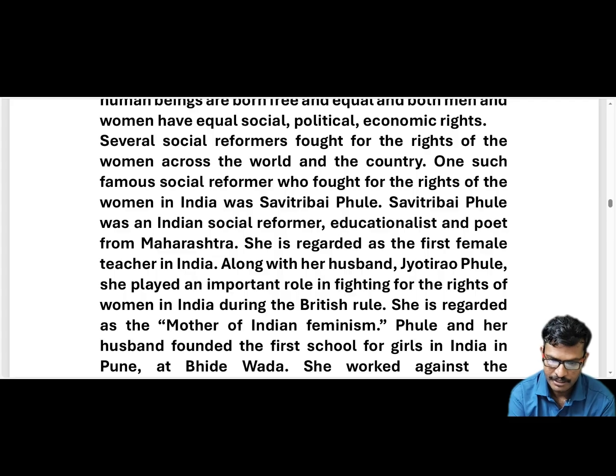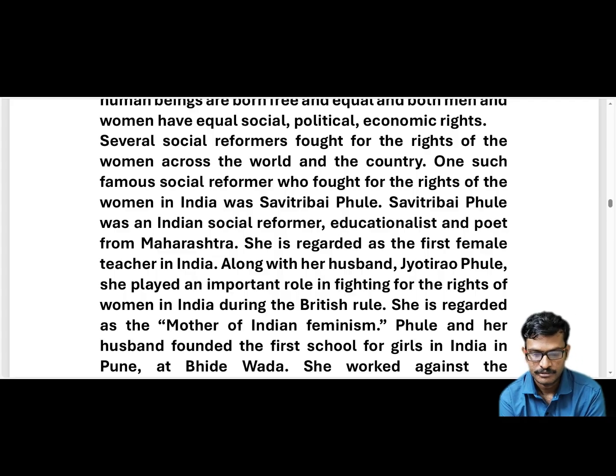Similarly, Kandukuri Veeresalingam Pantulu, Duggirala Gopalakrishnaiyya, Ponaka Kanakamma, Duvuri Subbamma and others fought for educational rights for women in Andhra Pradesh.